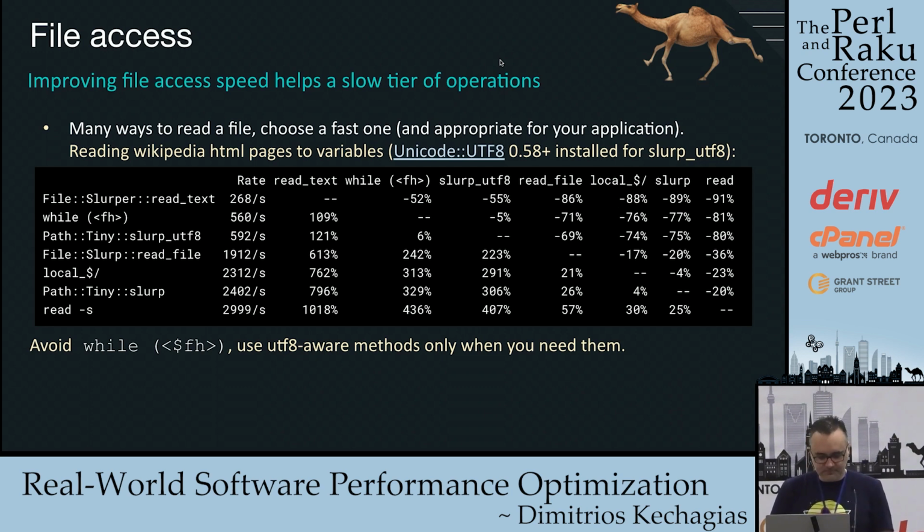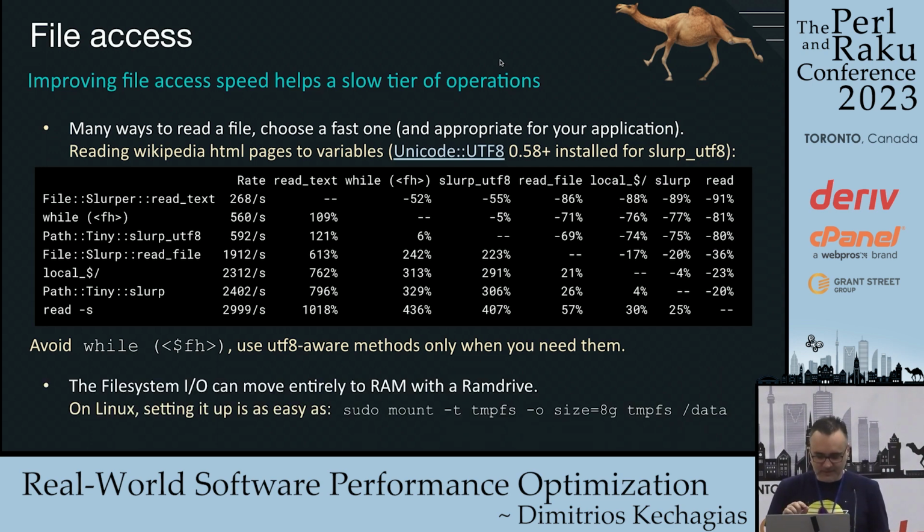And the general idea is avoid the while file handler, obviously, and use UTF-8 aware, like Path::Tiny slurp, UTF-8 only when you actually need it. If your data is not UTF-8, you don't need to encode it. It's much faster to use other methods.